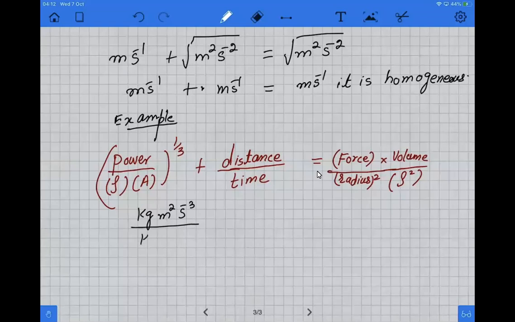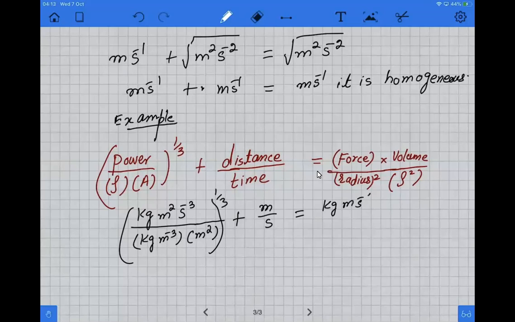Unit of density is kilogram meter minus 3. And unit of area is meter square, whole power 1 by 3 here. Plus distance is in meters, time is in seconds. On the right hand side, force is kilogram meter second minus 2. Volume is meter cube. Radius is meter. Density is kilogram meter minus 3 but whole square.